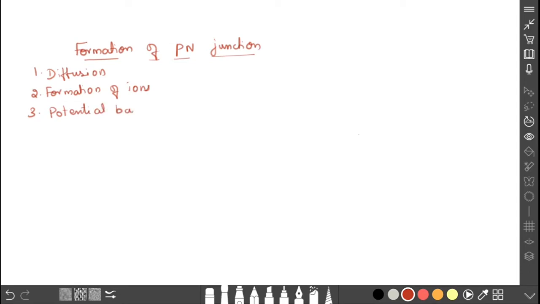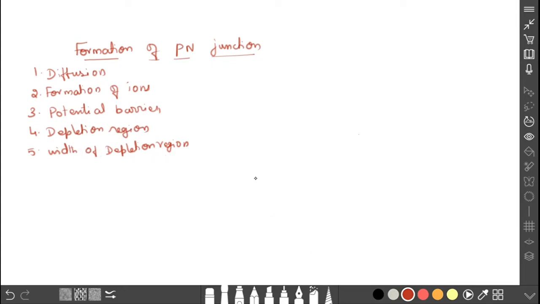The next step is the depletion region, and then the width of the depletion region. In this order we are going to discuss what happens once the P and N are combined together: diffusion, formation of ions, potential barrier formation, and then the depletion region and its width.